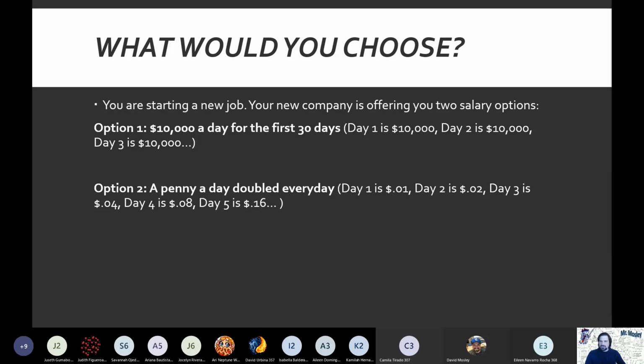Miguel's going with option 2. Ari says option 2. Ariana's option 2. Isaiah's option 2.